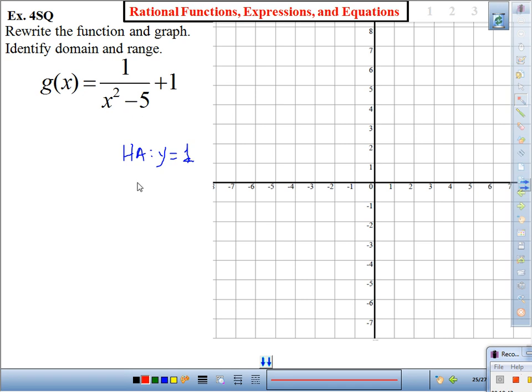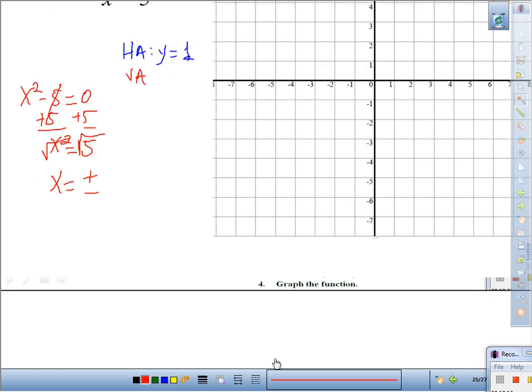To get our vertical asymptote, what do we do? x squared minus 5 equals 0. Then what? Plus 5, plus 5. x squared equals 5. Square root, x equals, wait a minute, Mr. Q. What is the square root of 5? We can find the decimal.